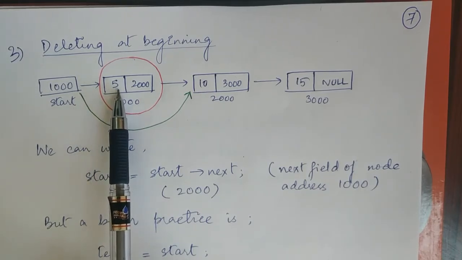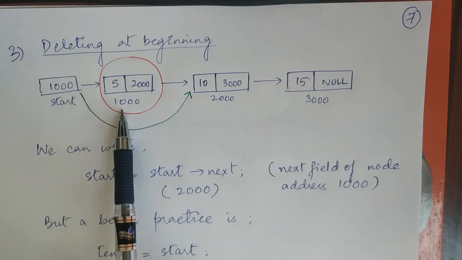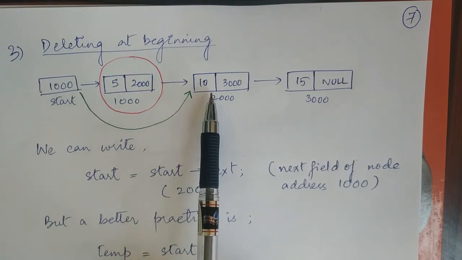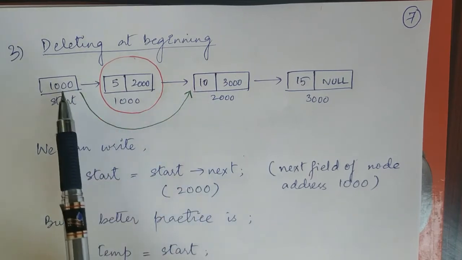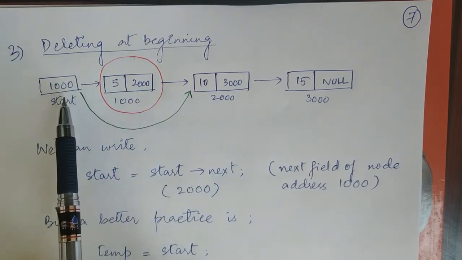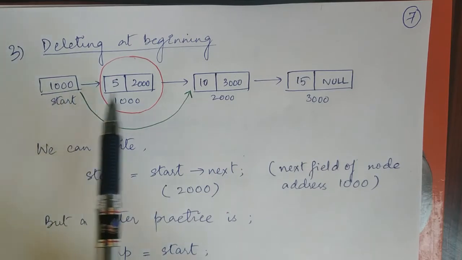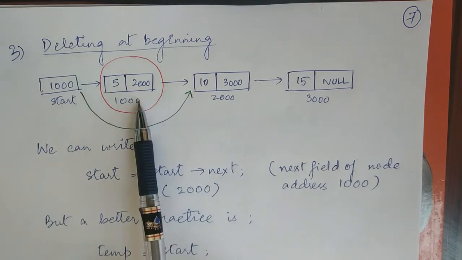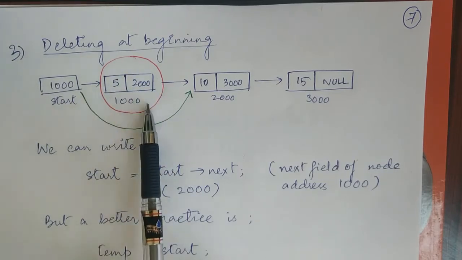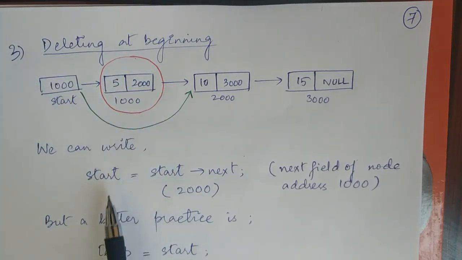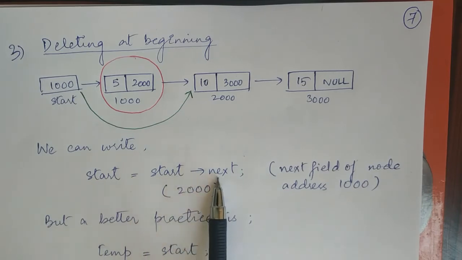We have to delete this node, which goes from your linked list, and now this node becomes your new first node. So straight away, we want to make sure that our start pointer is now pointing to this node instead of this node, which automatically takes this out of the picture of our current linked list. So what we do, we say start is equal to start to next.